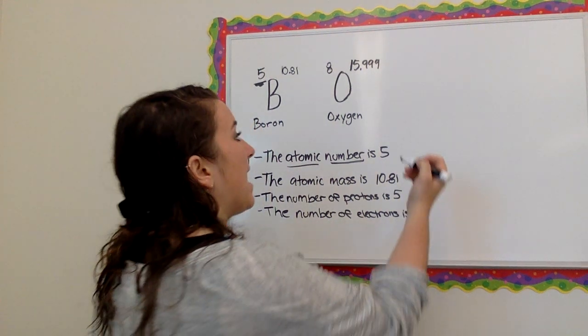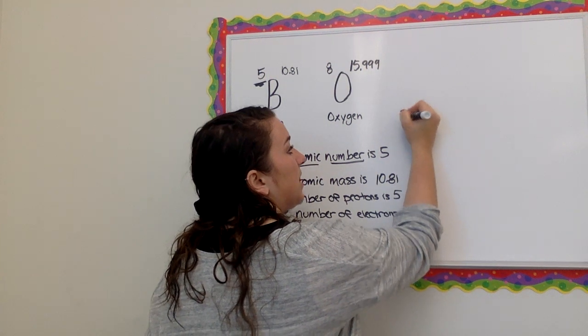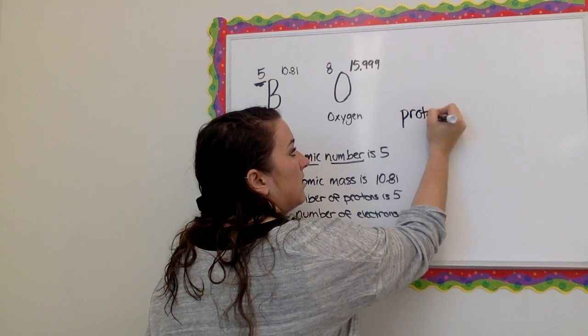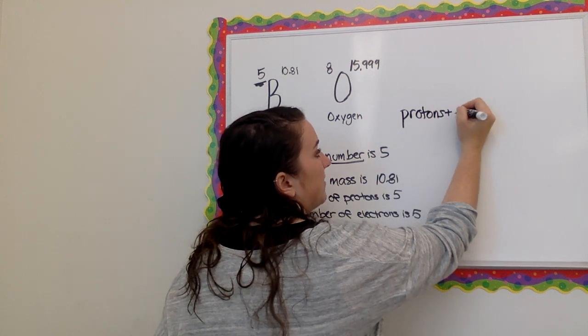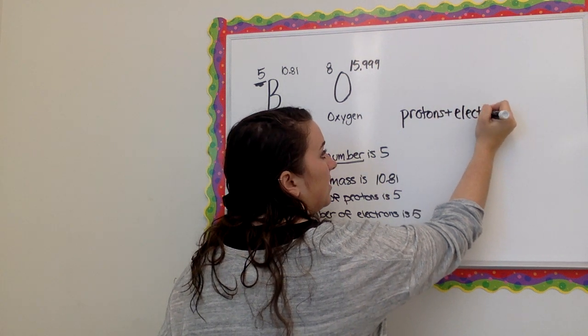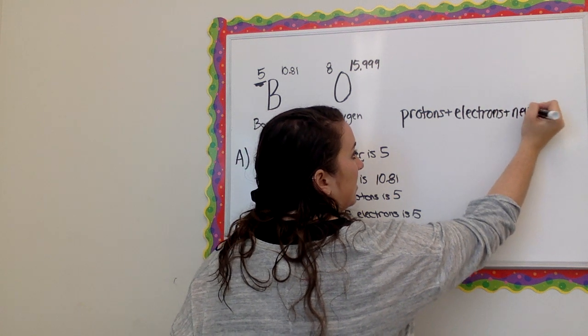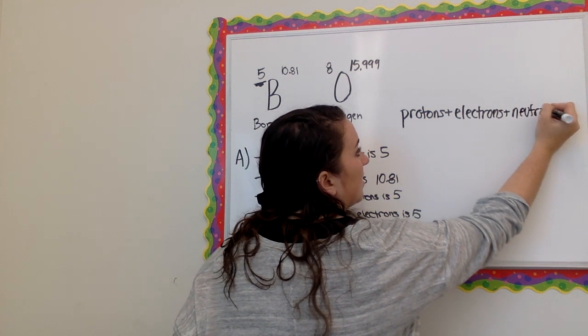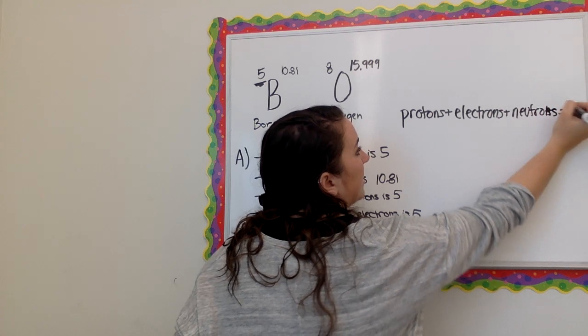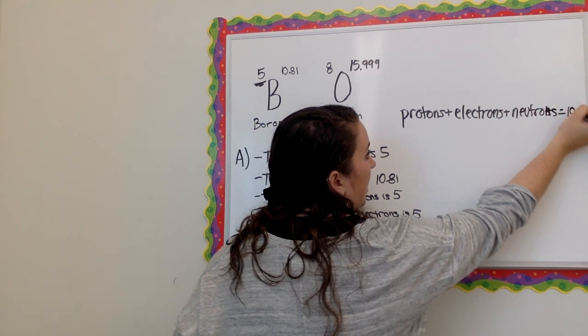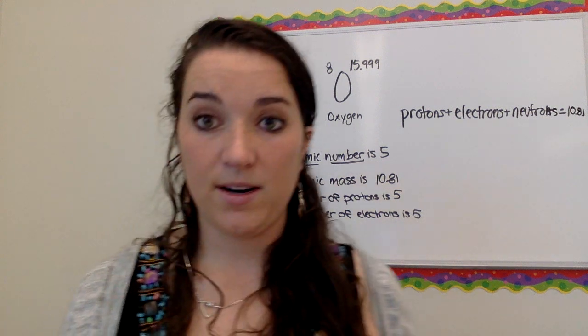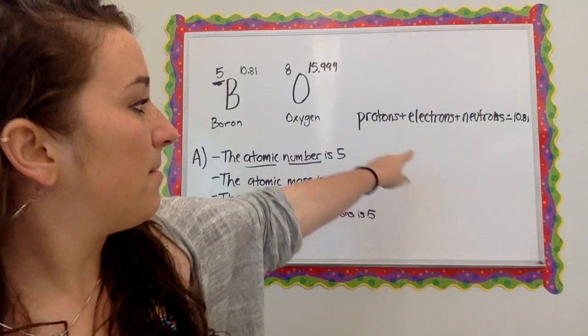So if we add up the mass of protons plus the mass of electrons, which is just 0, plus the mass of neutrons, we'll get 10 and 81 hundredths, which is our atomic mass. I wrote that kind of small, but you can still see it.